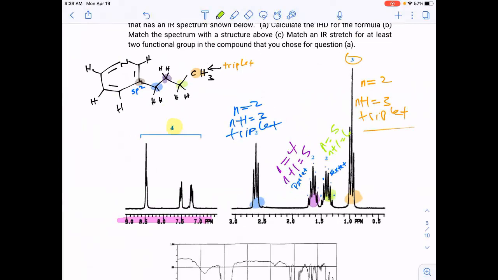If you're able to apply the N plus 1 rule, either backwards or forwards, you'll be good, because you can resolve these signals fairly quickly. If it's a sextet, that means it has 5 neighbors, so let me find a proton in this molecule with 5 hydrogens around it, right?